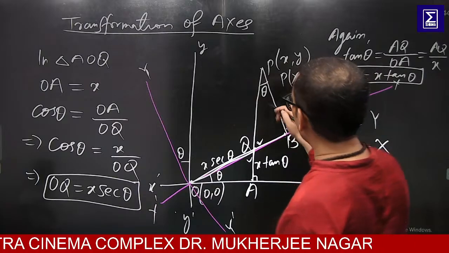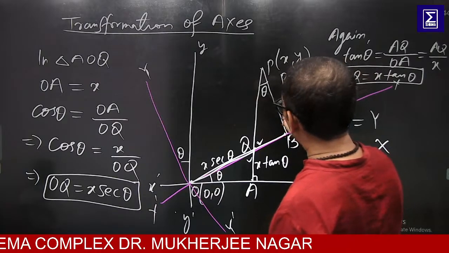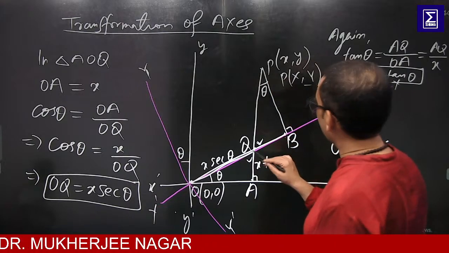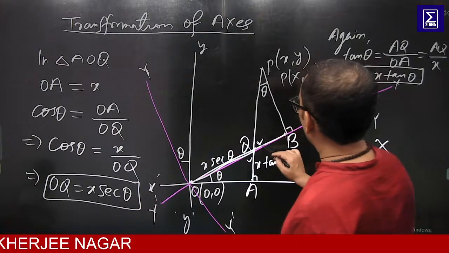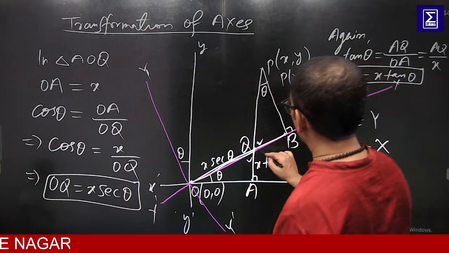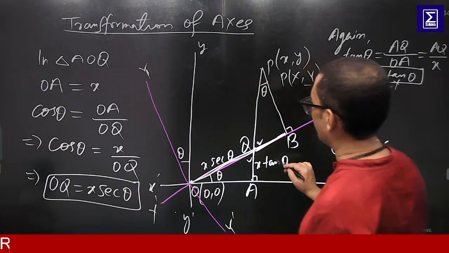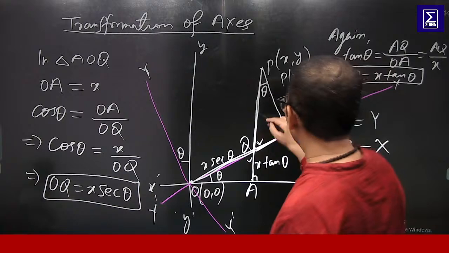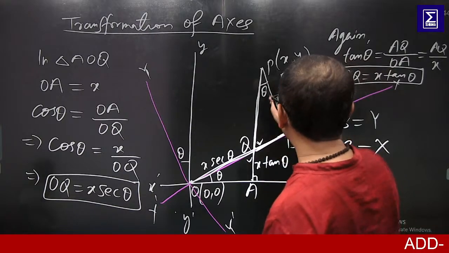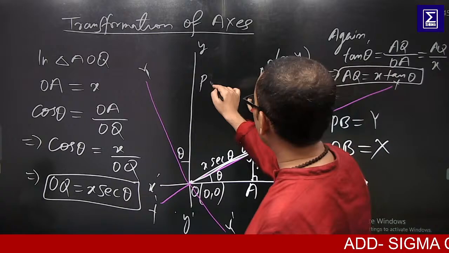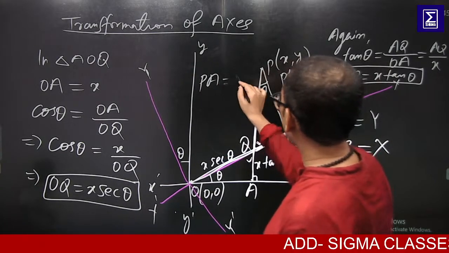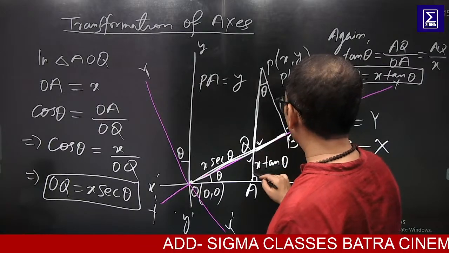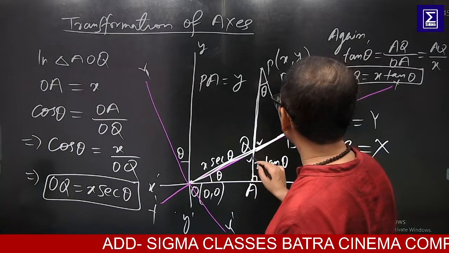So in this triangle, if you take sine, BQ is perpendicular, and PQ will be the hypotenuse. So what is PQ? PA is y, and we have AQ as x tan theta.